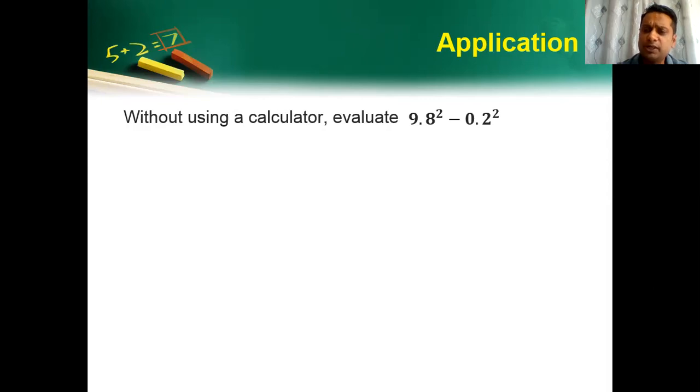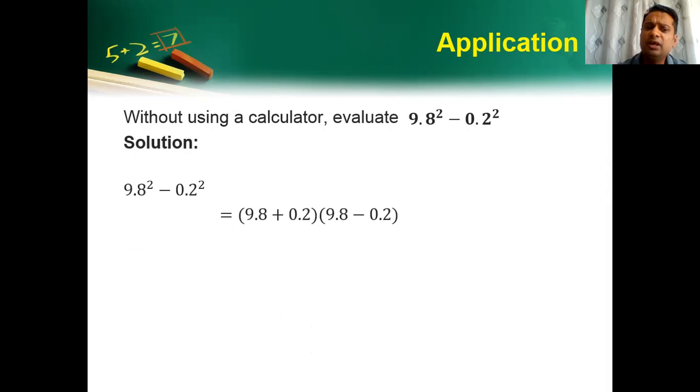Therefore, it can be expressed as (a plus b) times (a minus b): (9.8 plus 0.2) times (9.8 minus 0.2). Simplifying, 9.8 plus 0.2 is 10. 9.8 minus 0.2 is 9.6. Multiplying, you're going to obtain 96, which is the answer.